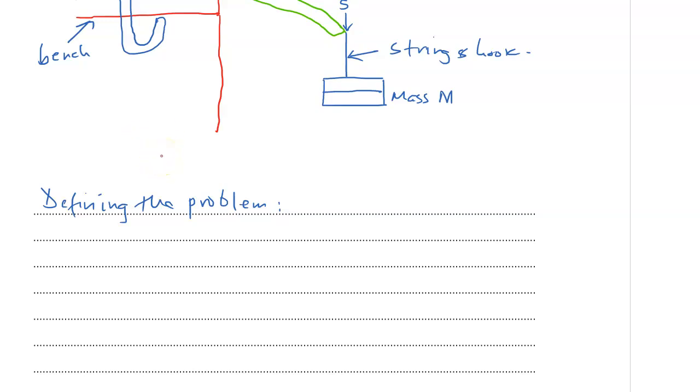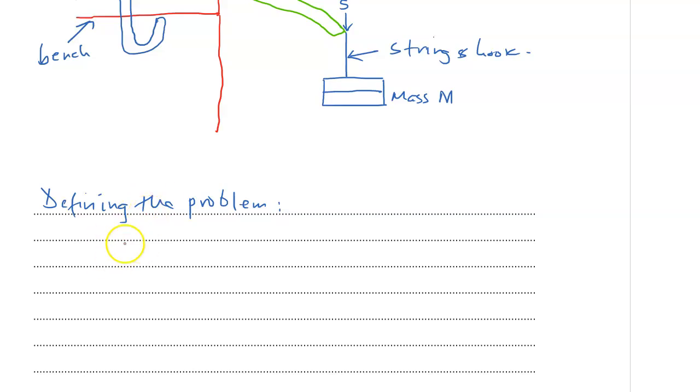In defining the problem, you need to identify especially three things: the independent variable, the dependent variable, and the variables that you are going to be keeping constant, the ones that you're going to be controlling.